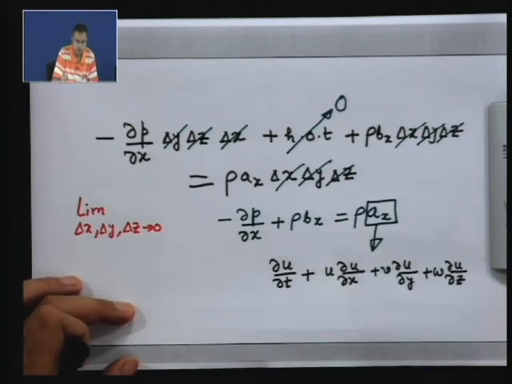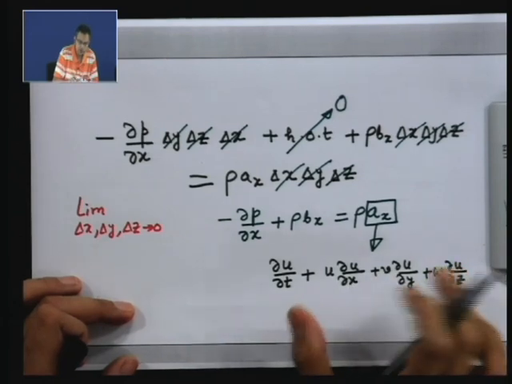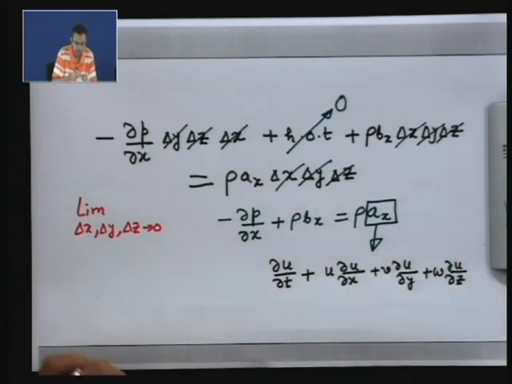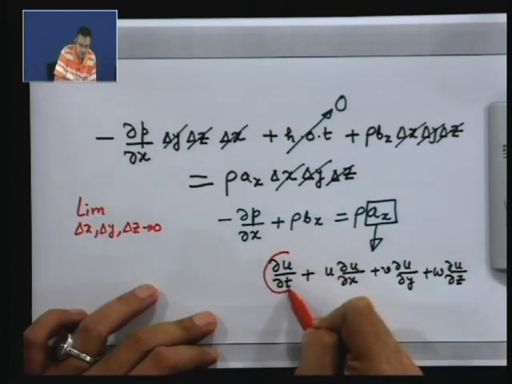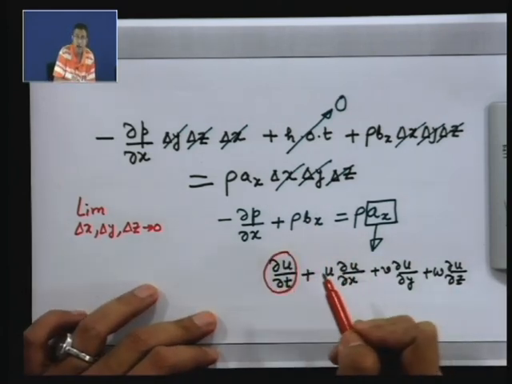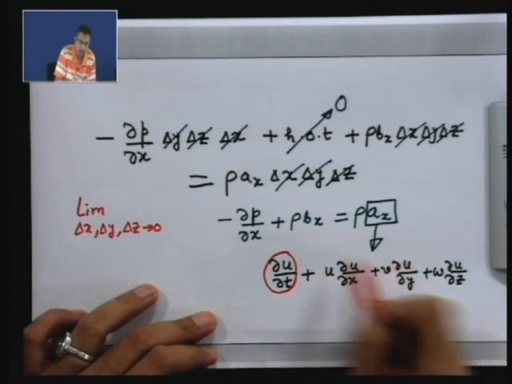So, to recapitulate, there are broadly two components of acceleration. One component of acceleration is this one, which signifies the change in velocity at a given location due to change in time.